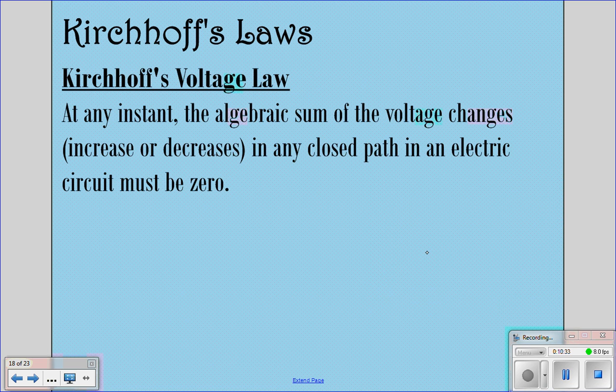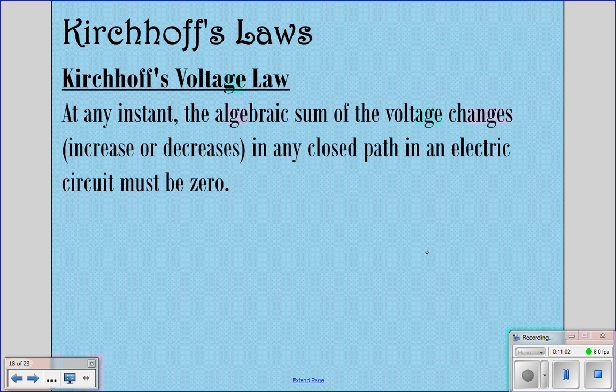So looking at his voltage law, at any instant, the algebraic sum of the voltage changes, increases or decreases, in any closed path in an electric circuit must be 0. So the increases or the decreases in your electric circuit are always going to have to add up to 0.